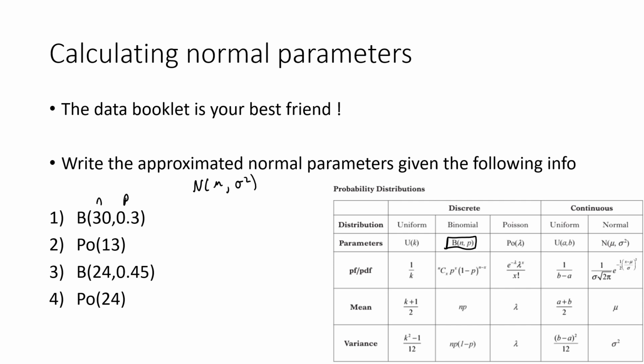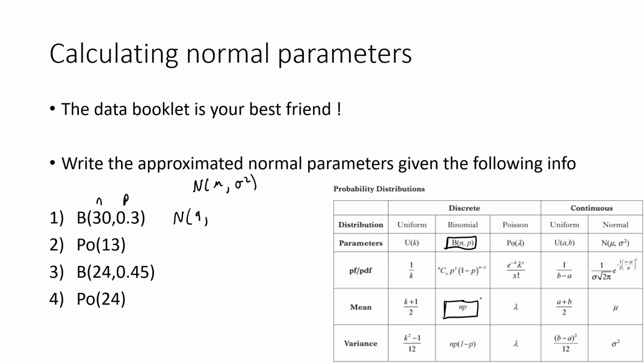So how do we get the mean? This is very simple. We just look in the table. For the binomial distribution, the mean is np. So for the approximated normal parameters, it's 30 times 0.3, which is 9.